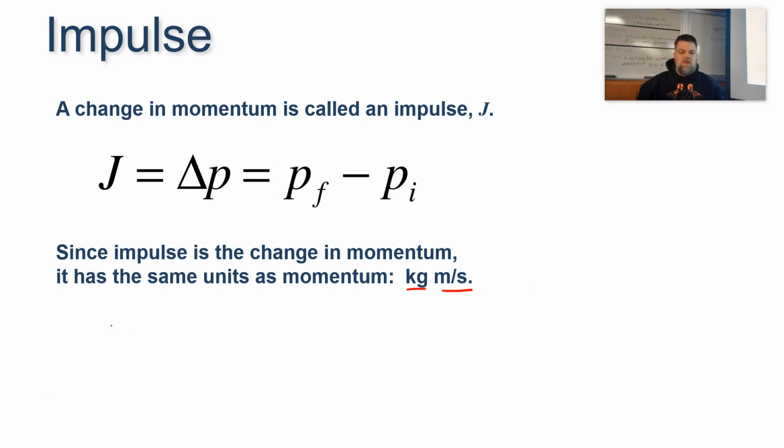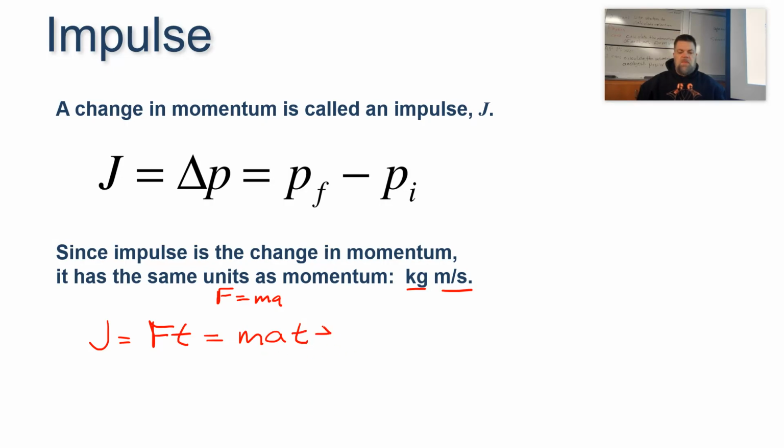And you said, but Mr. Adams, you also said that it's the force times time. Well, what is force? Force is mass times acceleration, remember that? Force equals ma, and then times time.